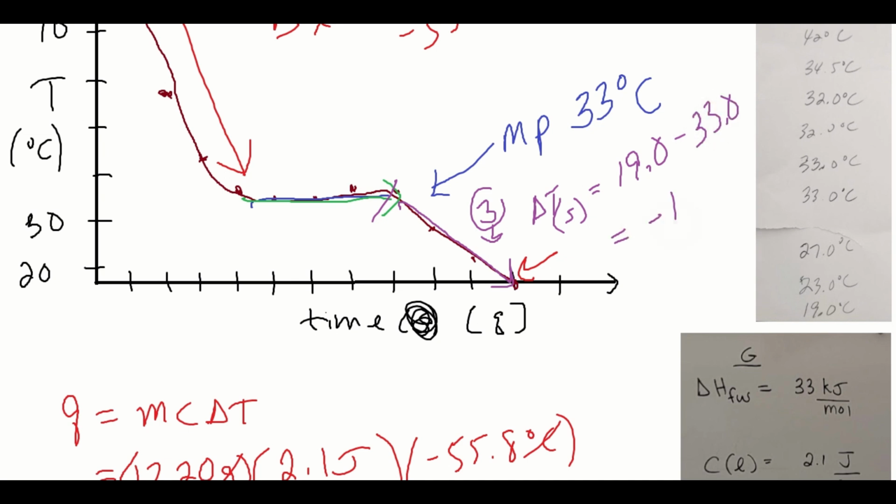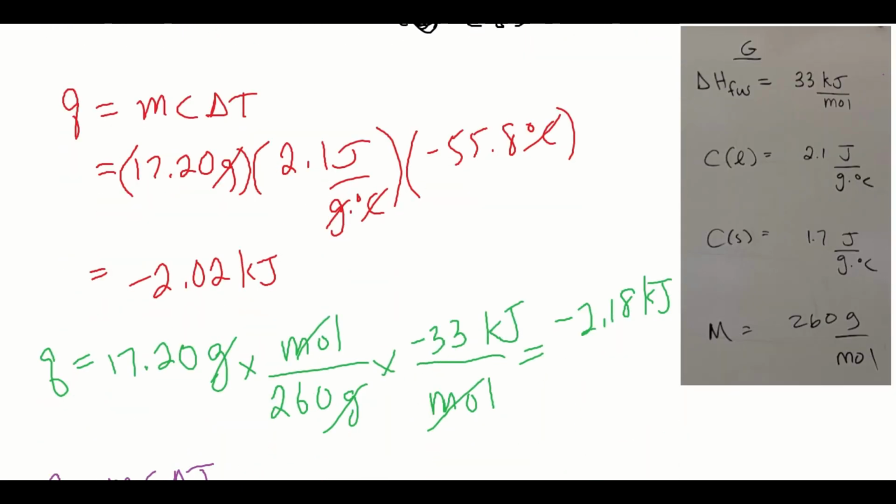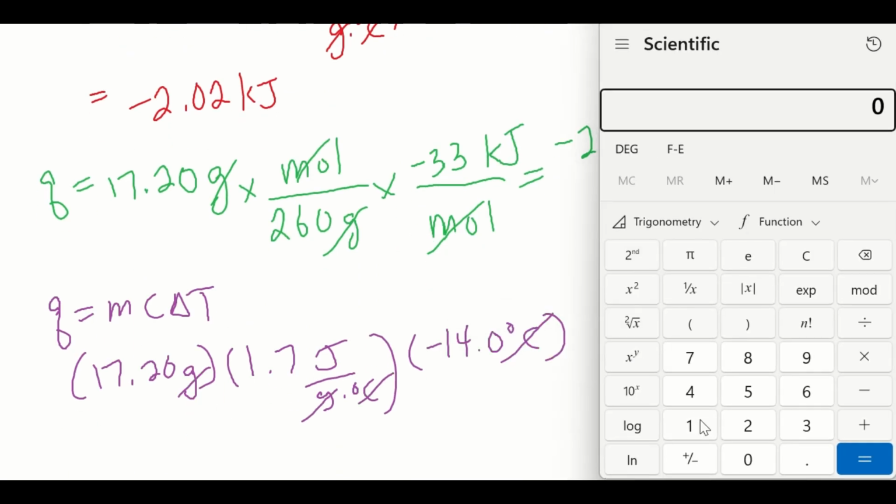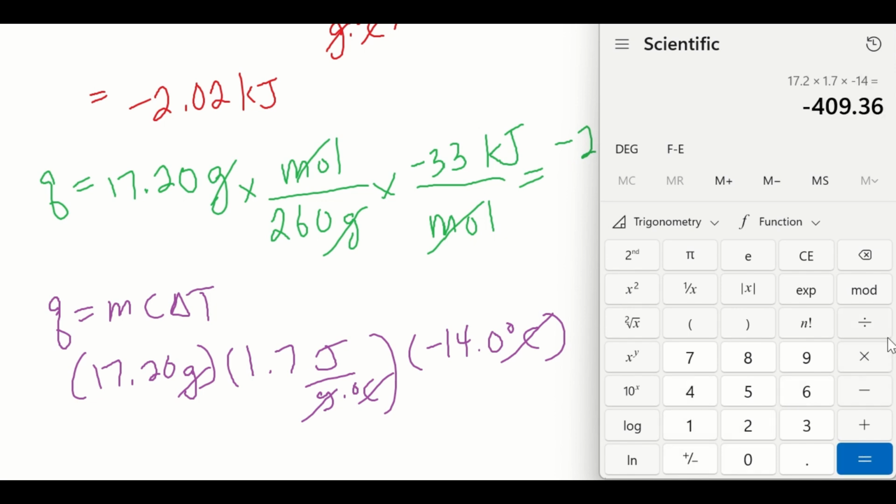That's going to be negative 14. The heat released during the cooling of the solid phase is negative 409 joules. I'm going to convert that to kilojoules by moving the decimal over 3 places to the left, so all my units are in kilojoules.